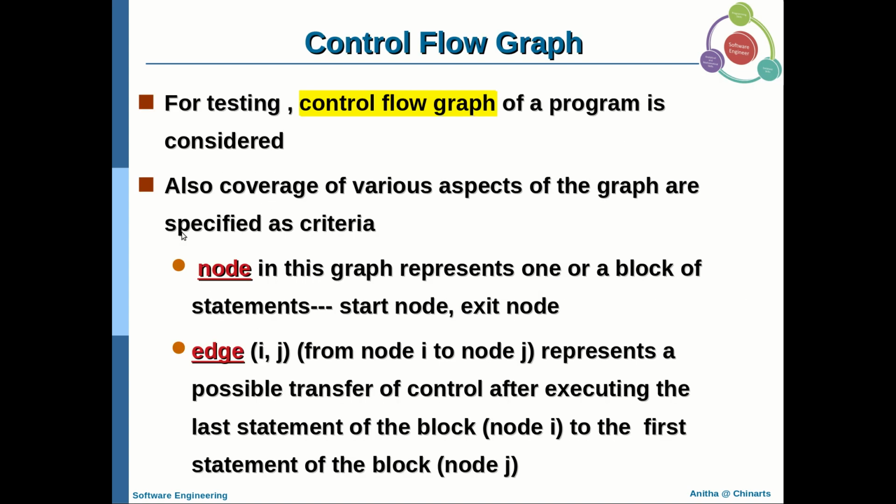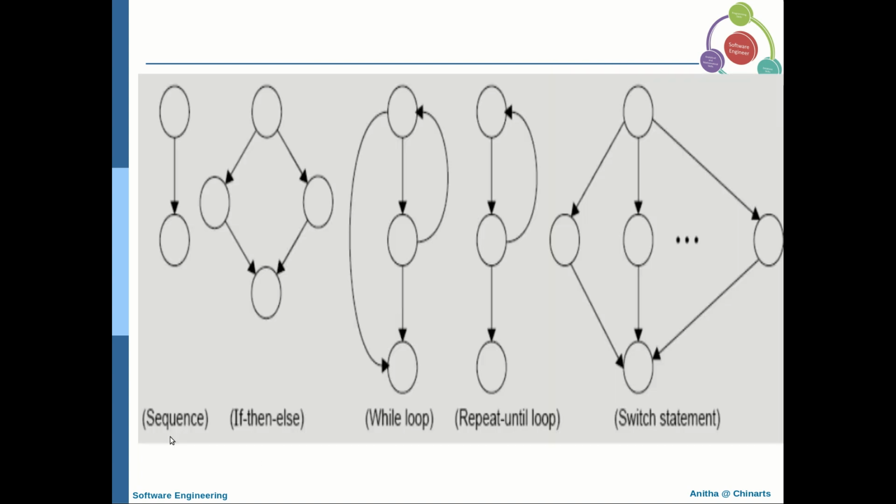That is what is represented here: transferring the control after executing the last statement of the block, where each block represents one node. This node may represent a block of statements, and this is another node that represents a block of statements, so from this node to this node you will have sequential execution.